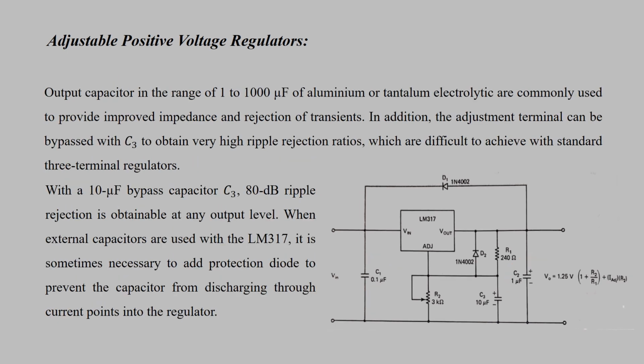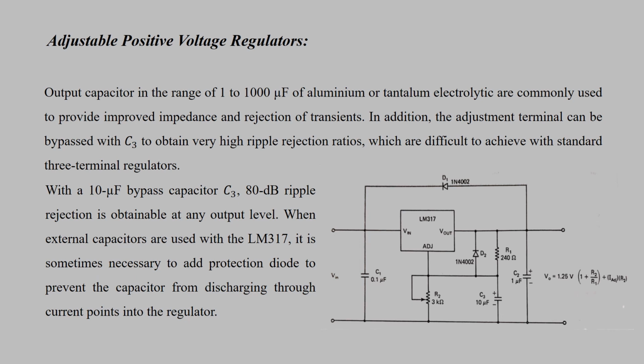The output capacitor is in the range of 1 to 1000 microfarad of aluminium or tantalum electrolytic and is commonly used to provide improved impedance and rejection of transients.